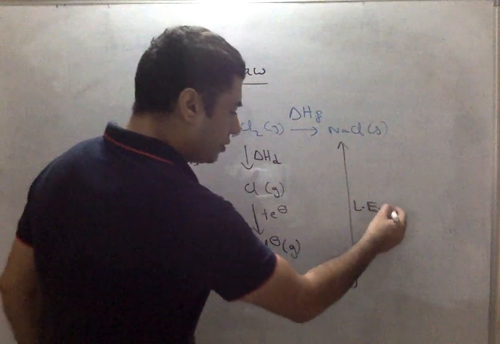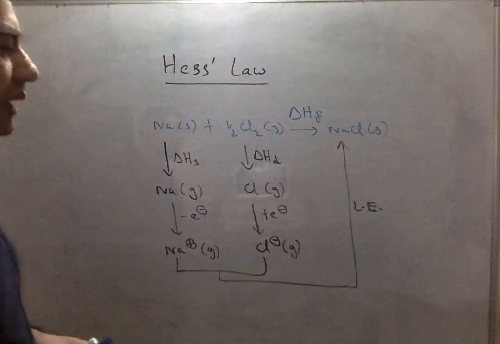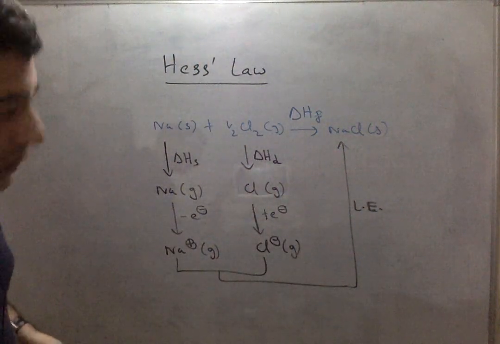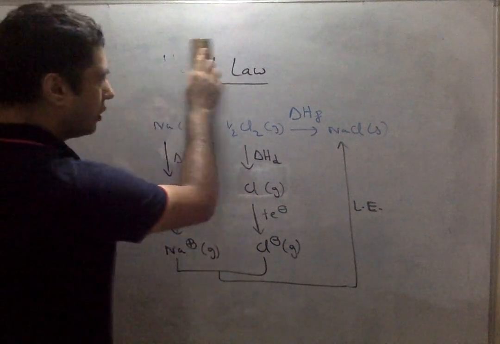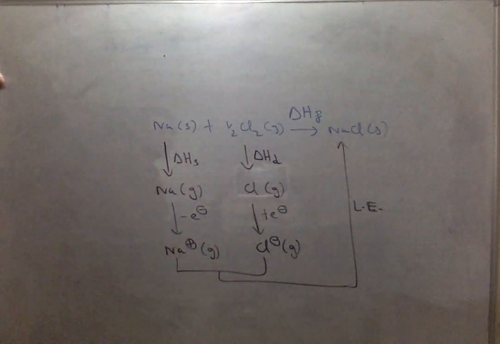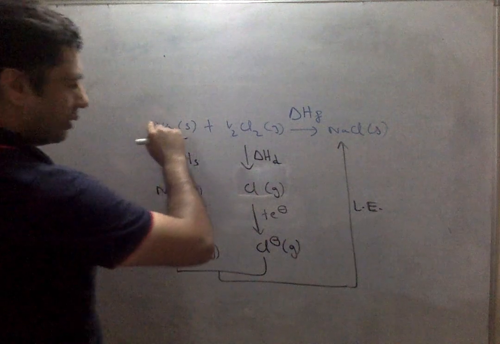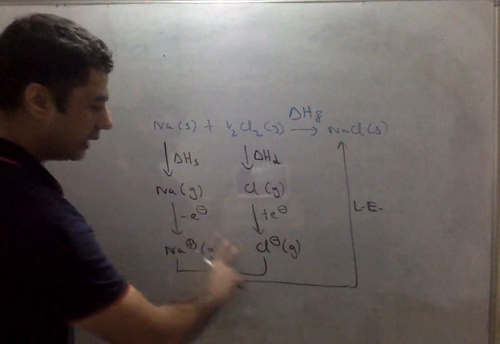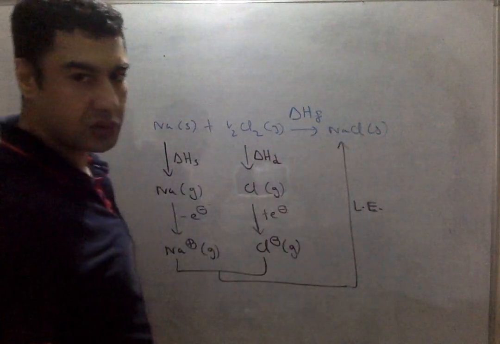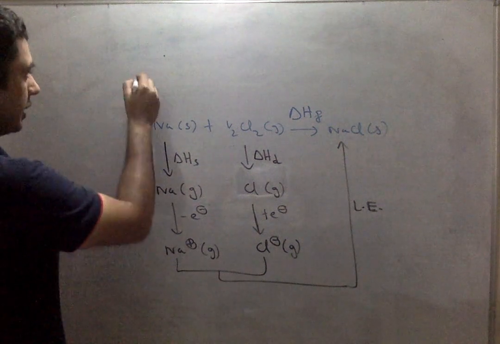So we need to evaluate the lattice energy over here, and now we can use Hess's law. According to this law, we look at the direct way and the indirect way of arriving at the same thing, which allows us to write this equation.